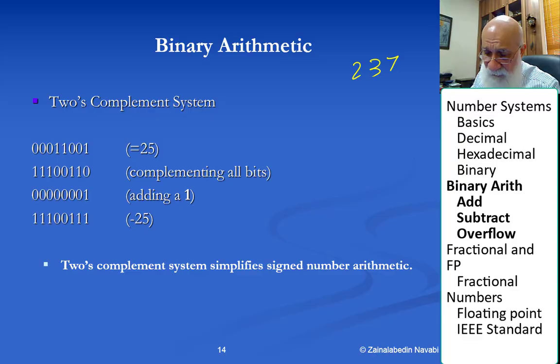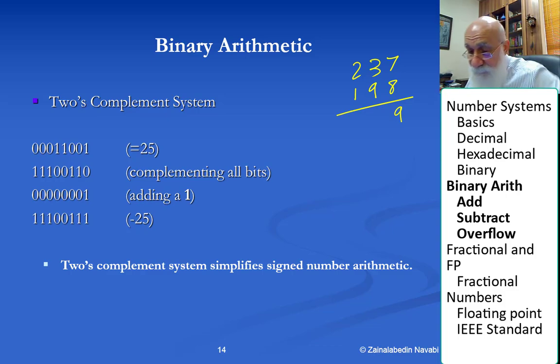237 minus 198, let's say. I want to subtract 8 from 7. I cannot, and therefore I make this 17, and then subtract. Then I have a borrow from the previous position, and therefore this becomes 2, and I have to subtract 9 from 2.